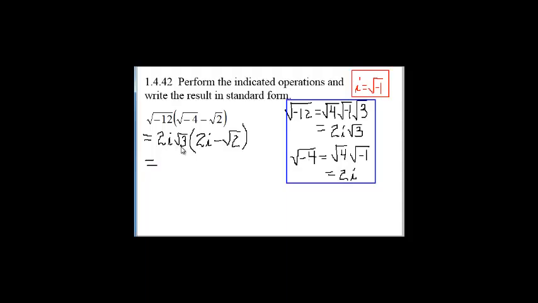2i square root of 3 times 2i is 4i squared times the square root of 3. 2i times square root of 3 times negative square root of 2 is negative 2i times the square root of 6.